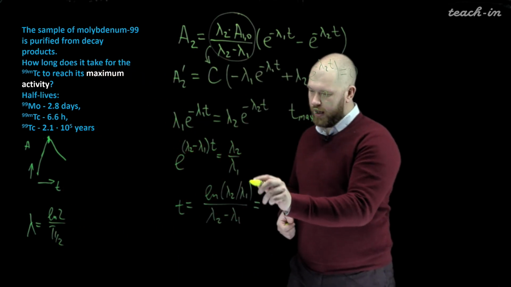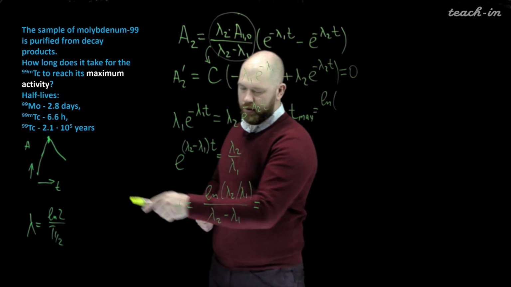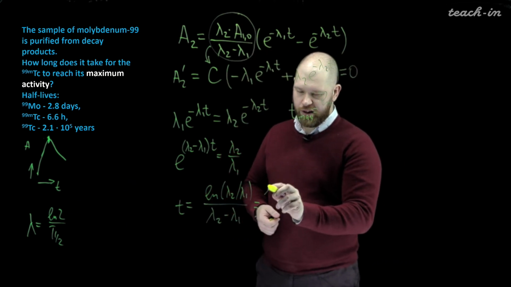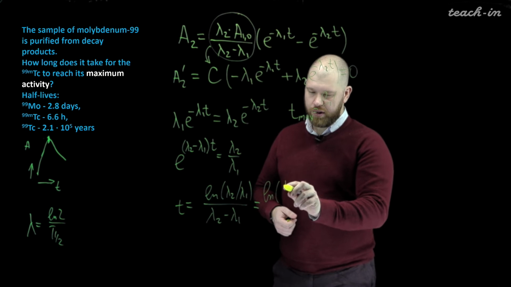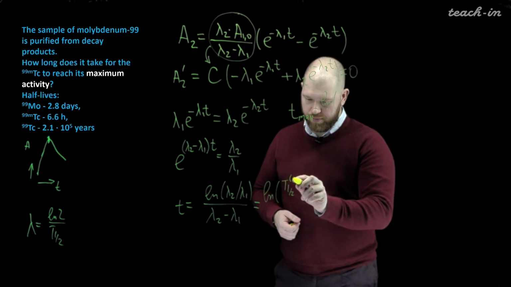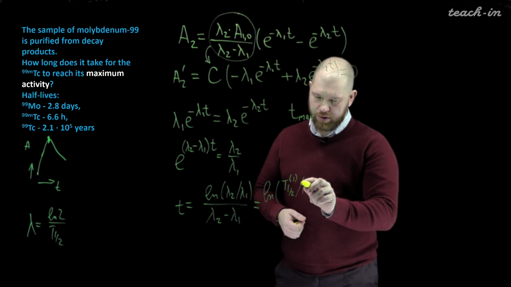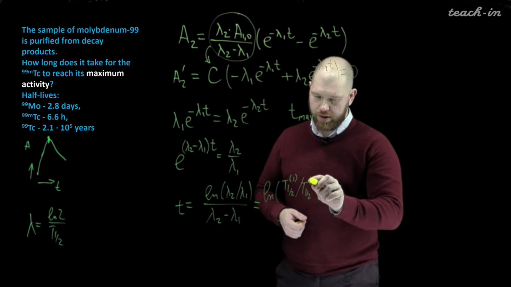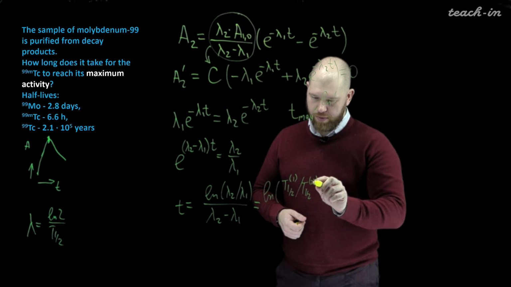In this case, logarithm 2 will be annihilated, so we will get the half-life of the mother radionuclide divided by the half-life of the daughter radionuclide.